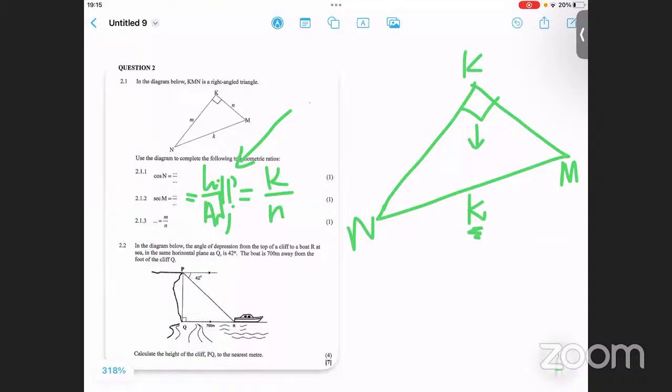For this, can you see the angle is at M? So this is where the angle is. Then the side opposite your reference angle is your opposite, and the remaining side is the adjacent. So that makes that correct.